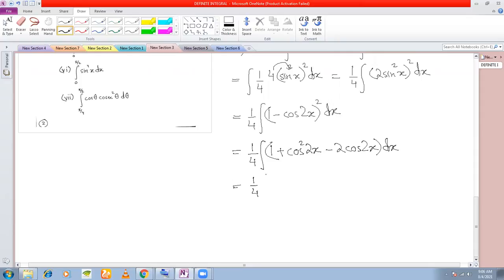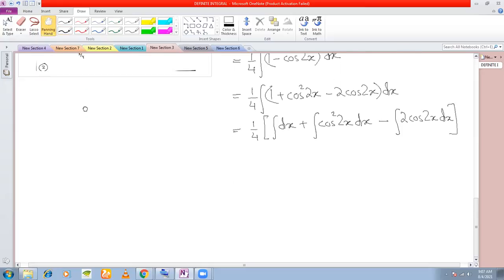Now you can separate the integral: integral dx plus integral cos square 2x dx minus integral 2 cos 2x dx.